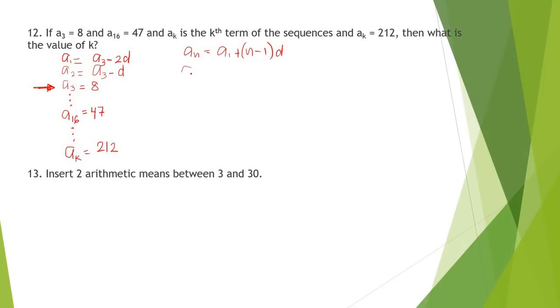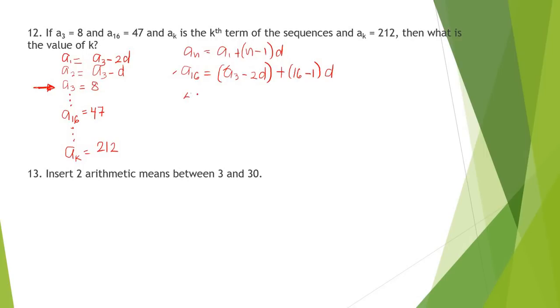Our 16th term is equal to our a1, which is a3 minus 2d, plus 16 minus 1 times d. And by the way, guys, since we already know our a16 and a3, the only unknown is d. We can now solve for the common difference.